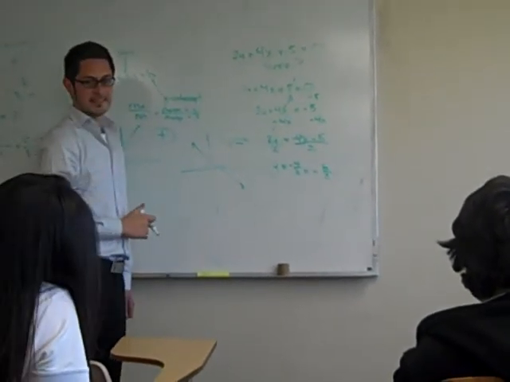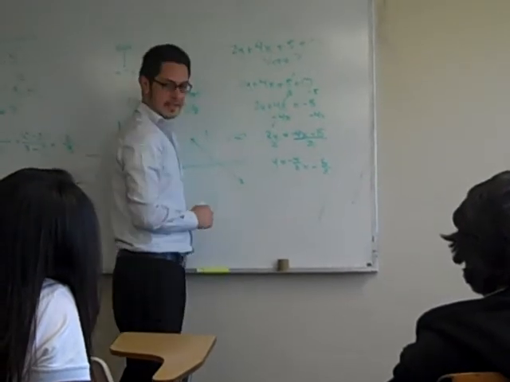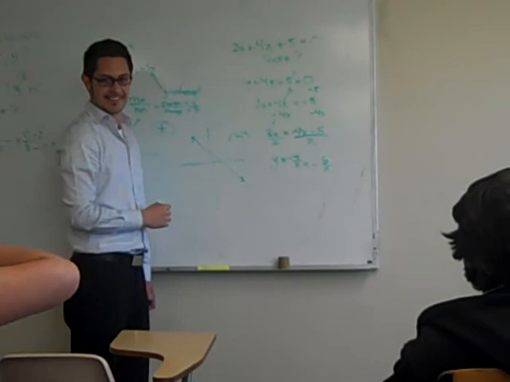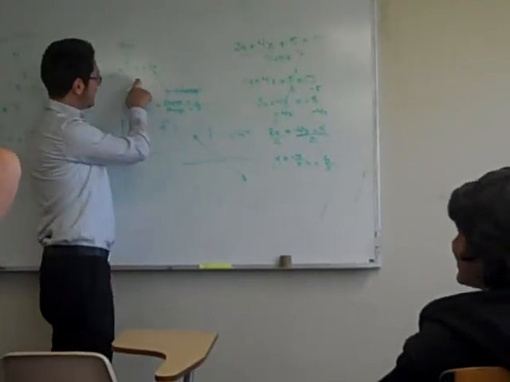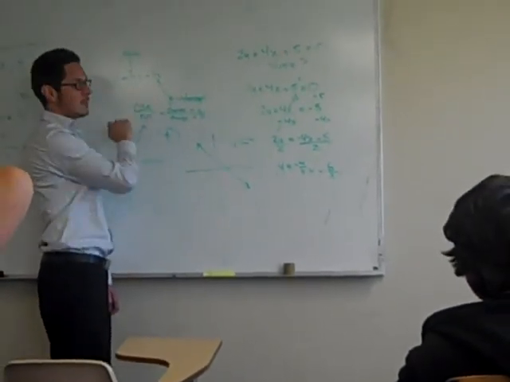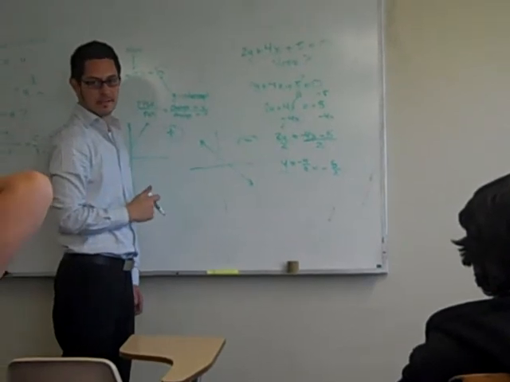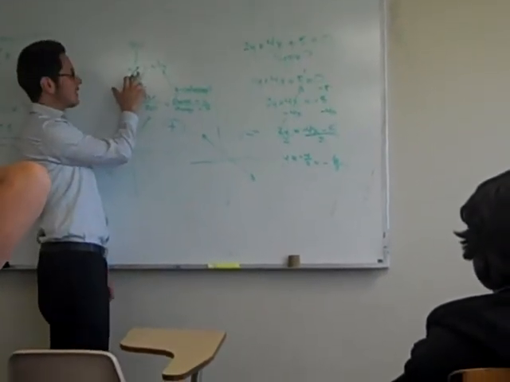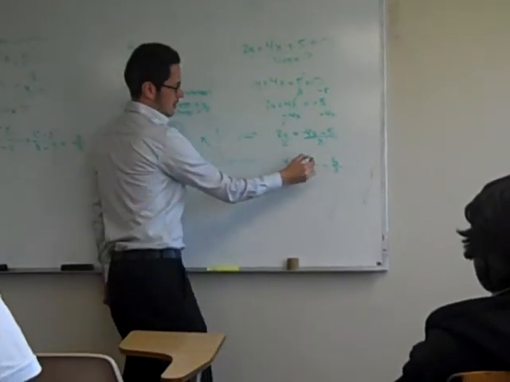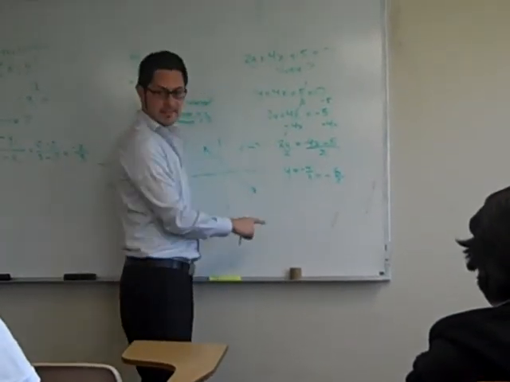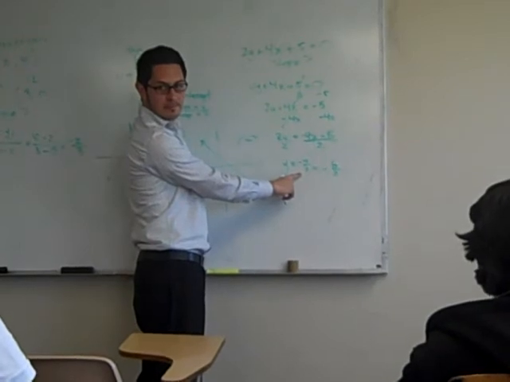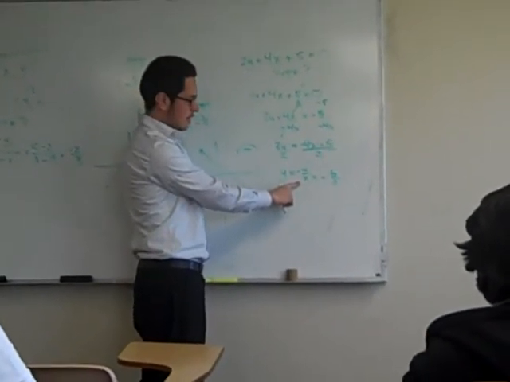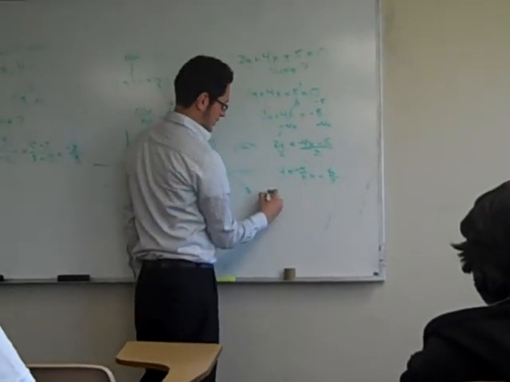Am I done? No. What do I need to do? Well, is it in slope-intercept format? Yes, it is, right? So you know the coefficient of x, in this case our m, is our slope. But are we done with this? Exactly, we can reduce it. By what?